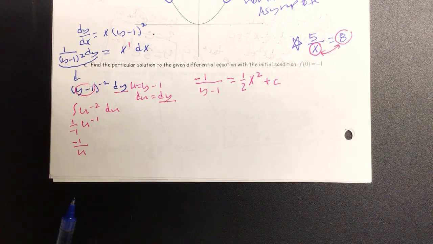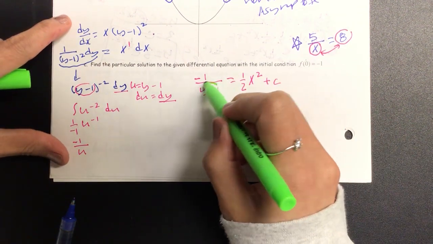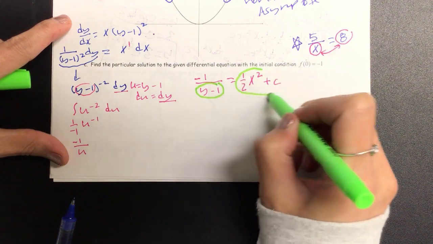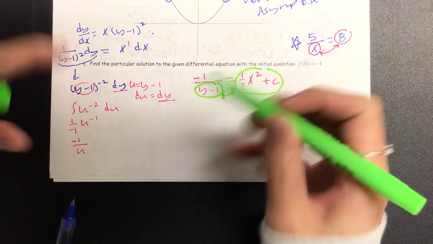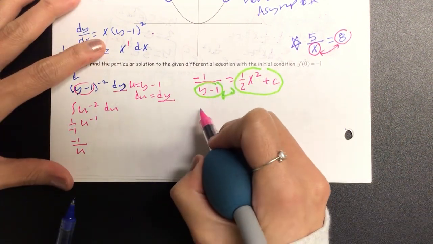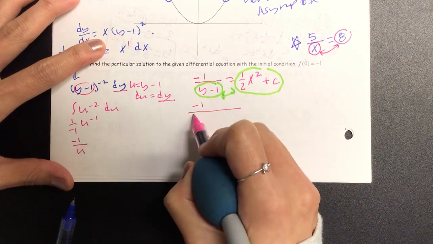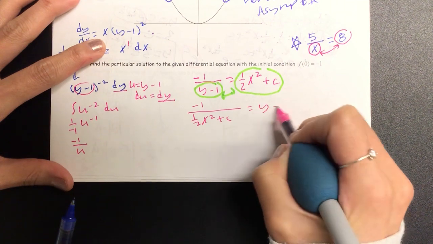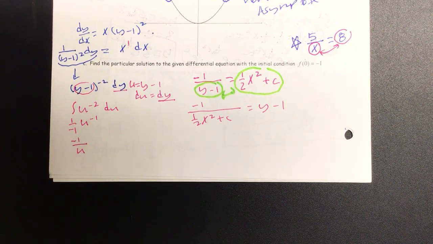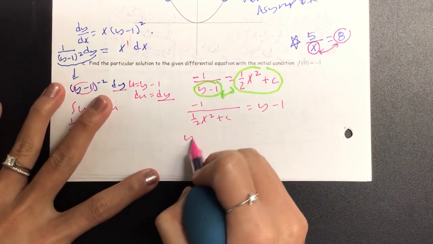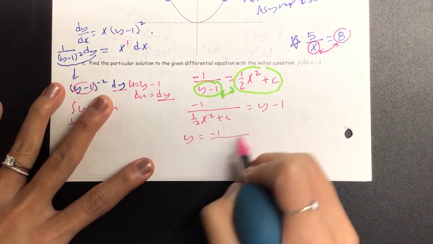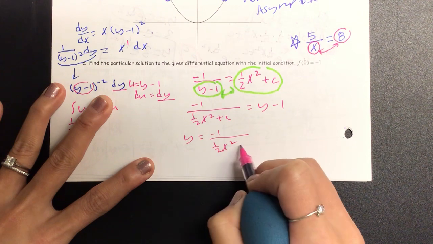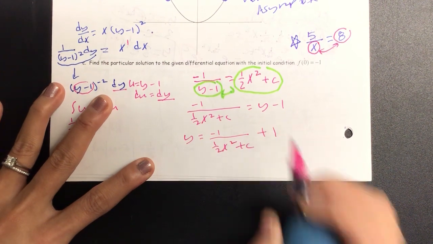So for this case, since I'm solving for y, I can take everything on the bottom and this side, and swap them. So that's going to give us negative 1 all over (1/2 x squared plus c) is equal to y minus 1. So now the y is almost by itself. What must I do on both sides? Add 1. So I'm going to put the y on this side, plus c, and then plus 1 at the very end outside of the fraction.